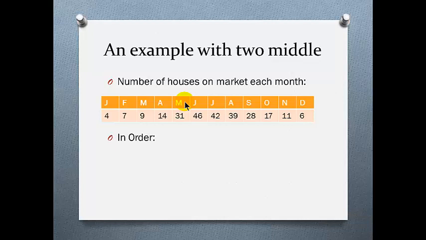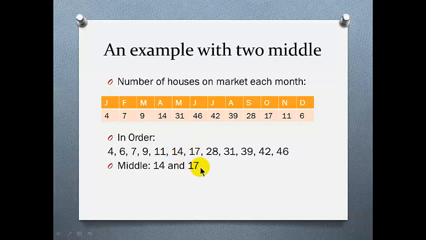So we'll go through our data values and say, well, first there's 4, then 6, 7, 9, 11, 14, 17, 28, 31, 39, 42, 46. And then if we come in 1, 2, 3, 4, 5, 6 from each side, we see there's 2 values that are actually in the middle, 14 and 17.